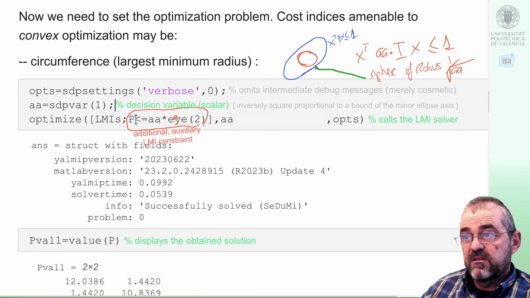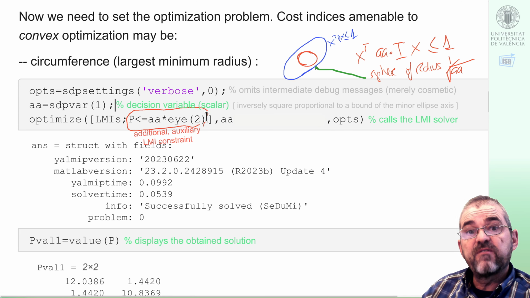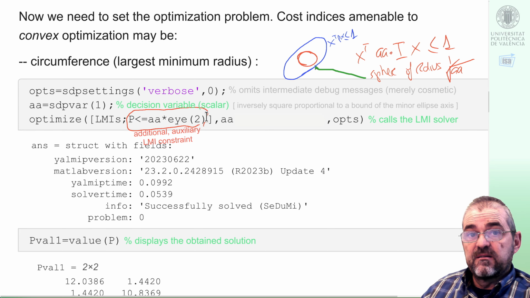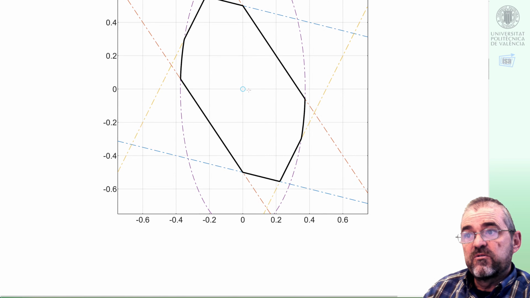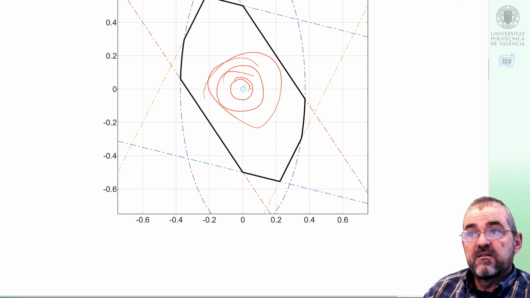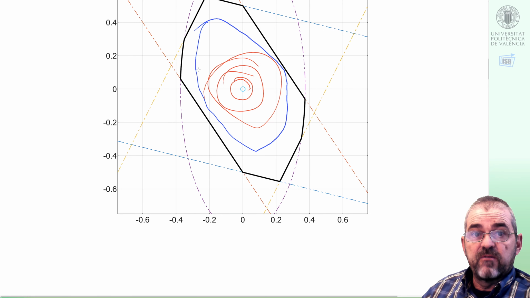I can encode that additional constraint, and then I can inflate the circumference by shrinking the value AA, and then the optimize command tries to find the minimum AA so that my conditions are feasible. Geometrically, that means that I am trying to inflate and find the largest circumference so that an ellipse can be found in between it and the black boundary.